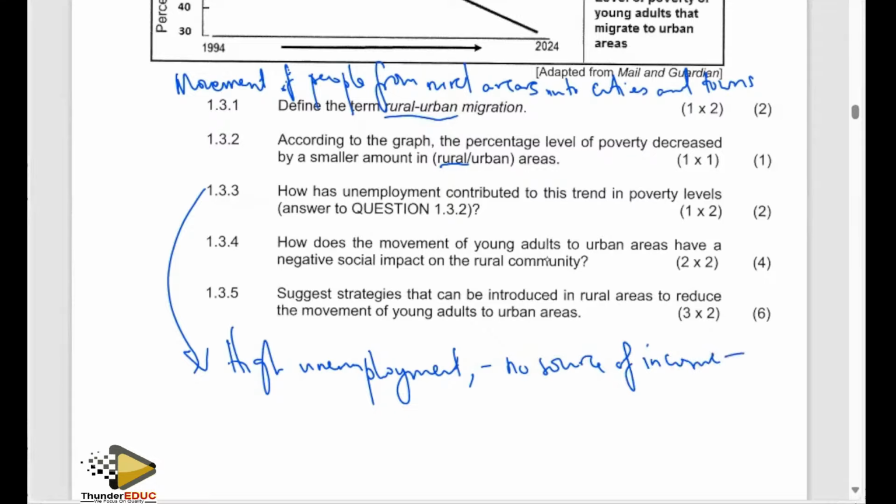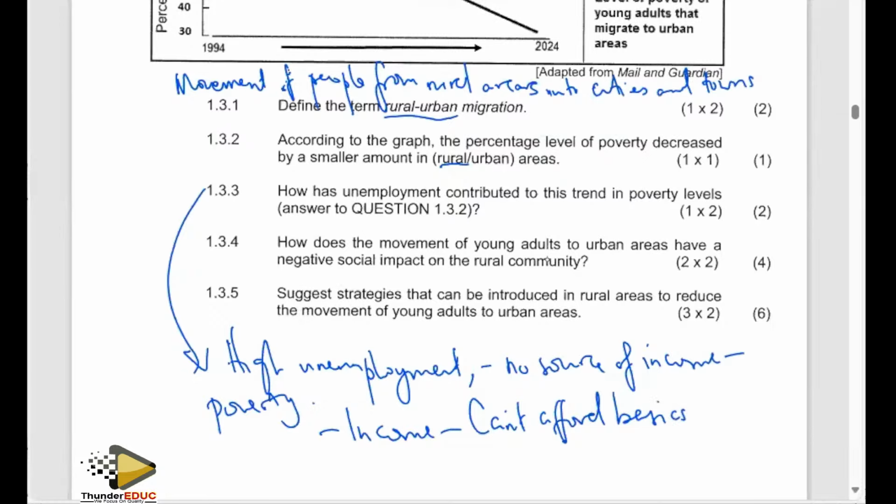And without a source of income, therefore there's poverty. Or we can say with unemployment, you don't have income. And without income, can't afford the basics. Someone who is poor is someone who is living below the poverty line, someone who can't afford the basics. So with unemployment here, you don't have income. And without income, you can't afford the basics.